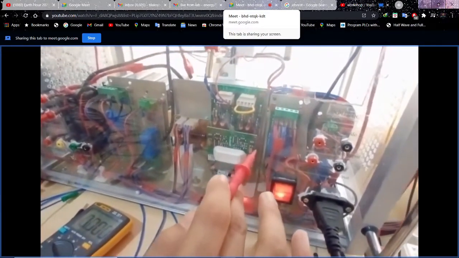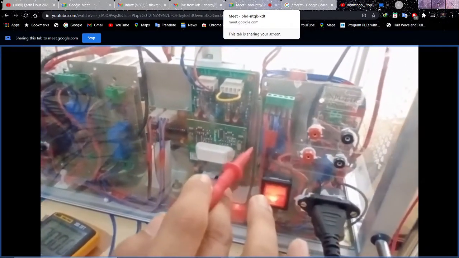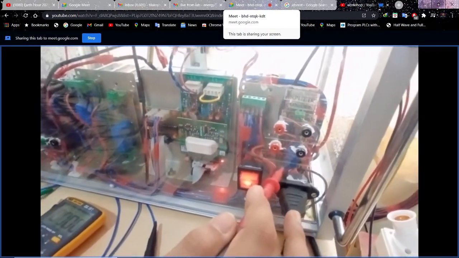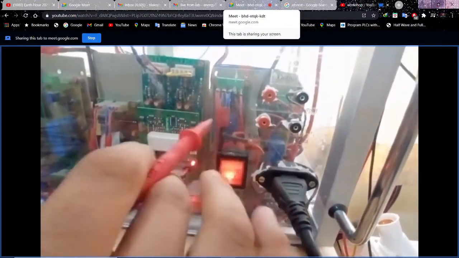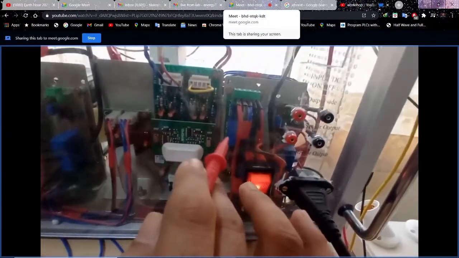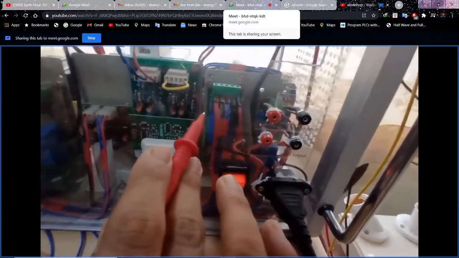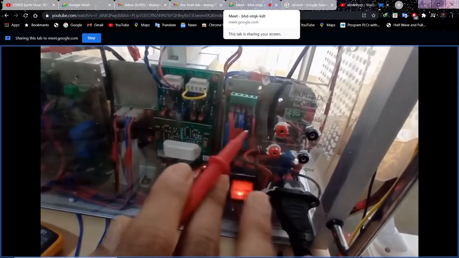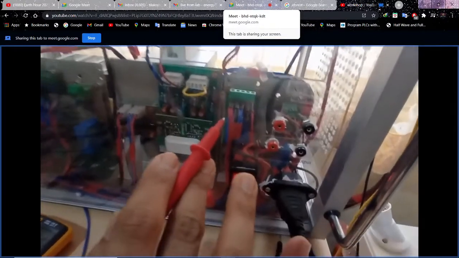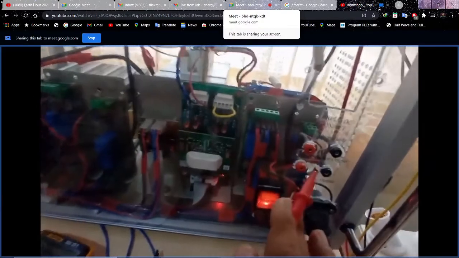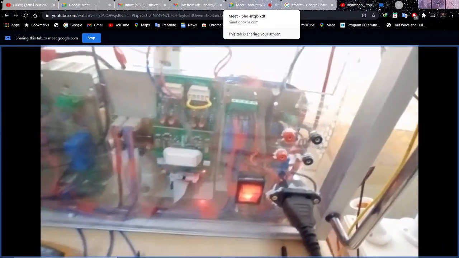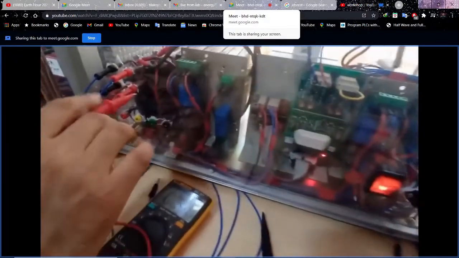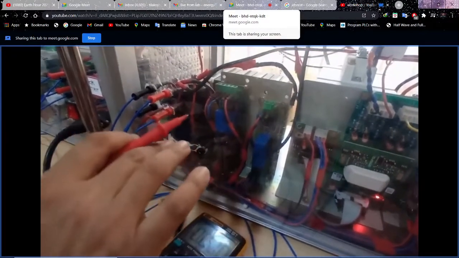Here you can see there are 2 sensors. One is the voltage sensor, and this is the current sensor. Both are Hall effect sensors. This is the output side voltage sensor, which measures the voltage, and this measures the current at the output side. Similarly, there is another set of voltage and current sensors.